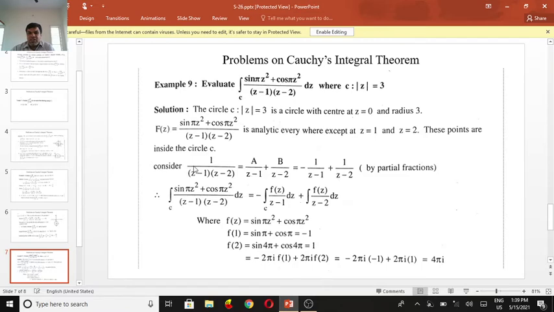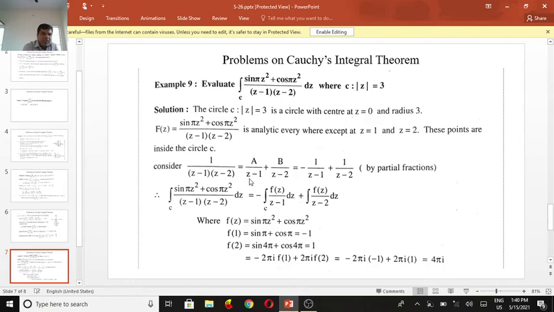So here we come to the partial fractions. This is proper. So for 1 divided by z minus 1, z minus 2, we can write A divided by z minus 1 plus B divided by z minus 2. Taking the LCM, 1 divided by z minus 1 into z minus 2 equals A of z minus 2 plus B of z minus 1 over z minus 1 into z minus 2.